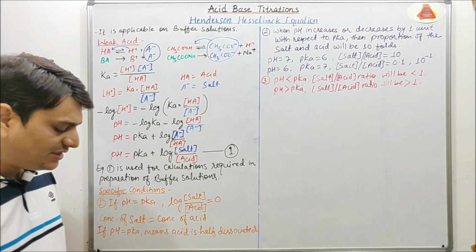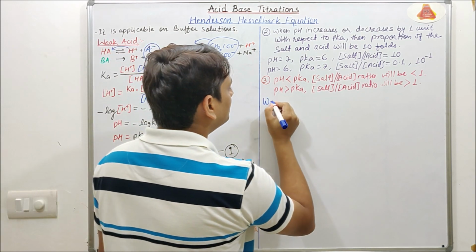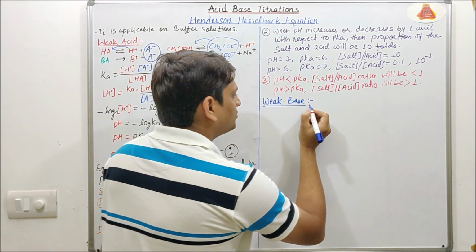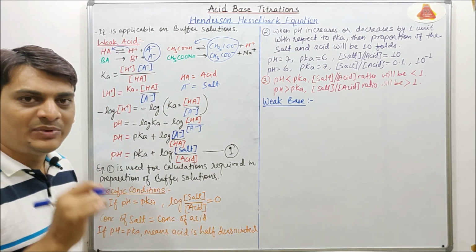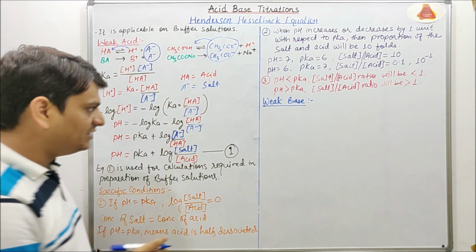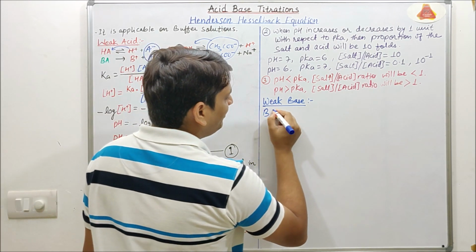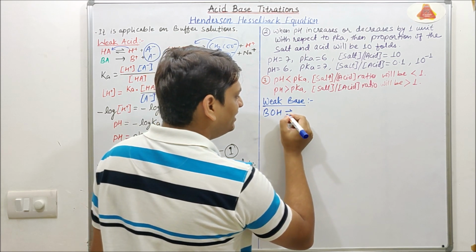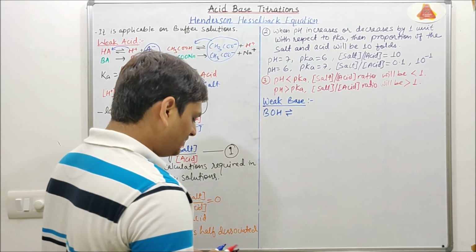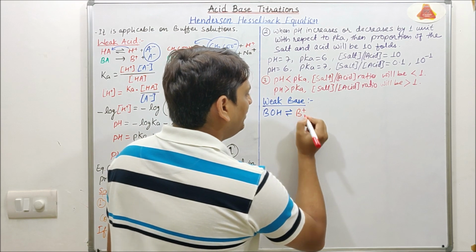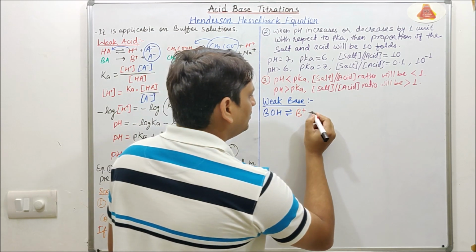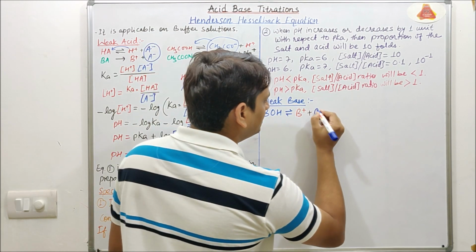Now let's take the example of a weak base. So here we will take the example of a weak base in the place of a weak acid. So here the weak base is BOH and it will dissociate in the form of B plus and OH minus.